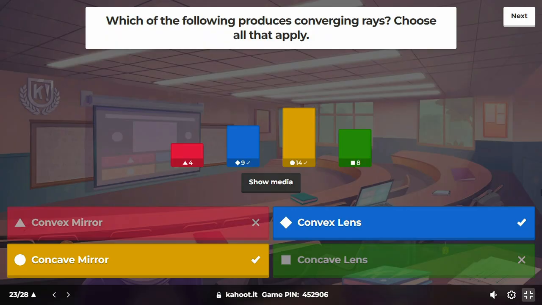The convex lens produces the converging rays, and therefore the concave mirror has to produce the converging rays for mirrors.